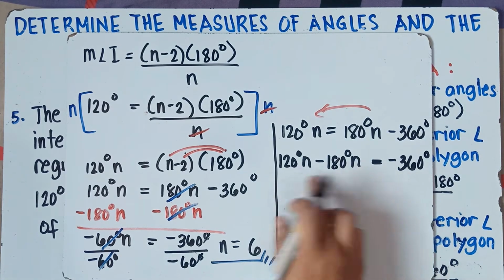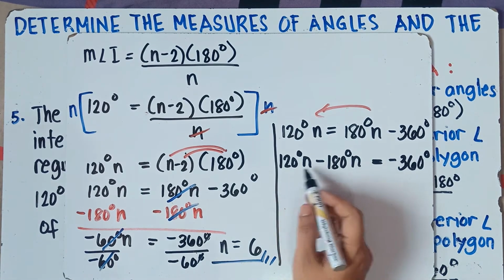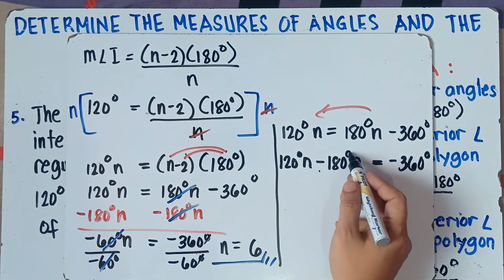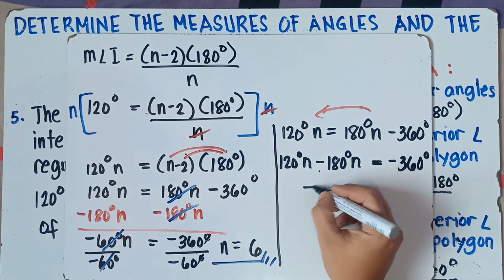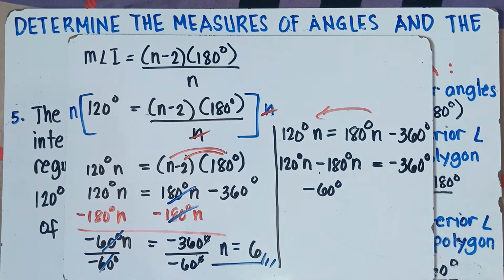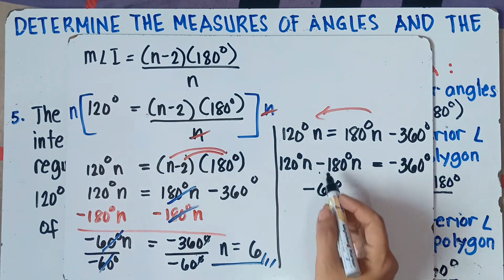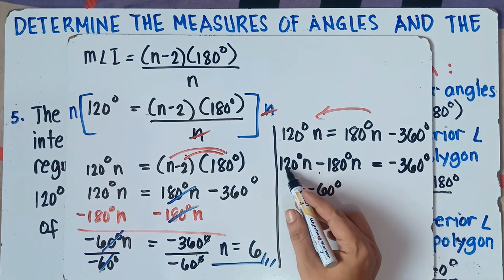And then combine like terms, subtract 120 degrees n minus 180 degrees n. Of course, your answer, class, will be negative 60 degrees n. Once again, class, do not be confused. This is negative because 180 is greater than 120.